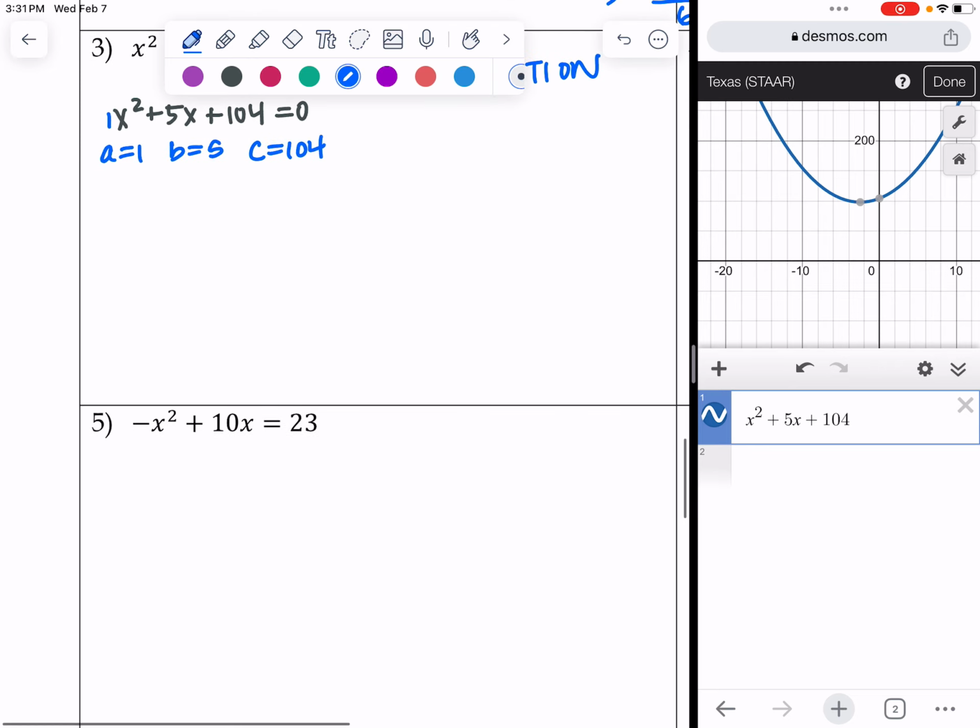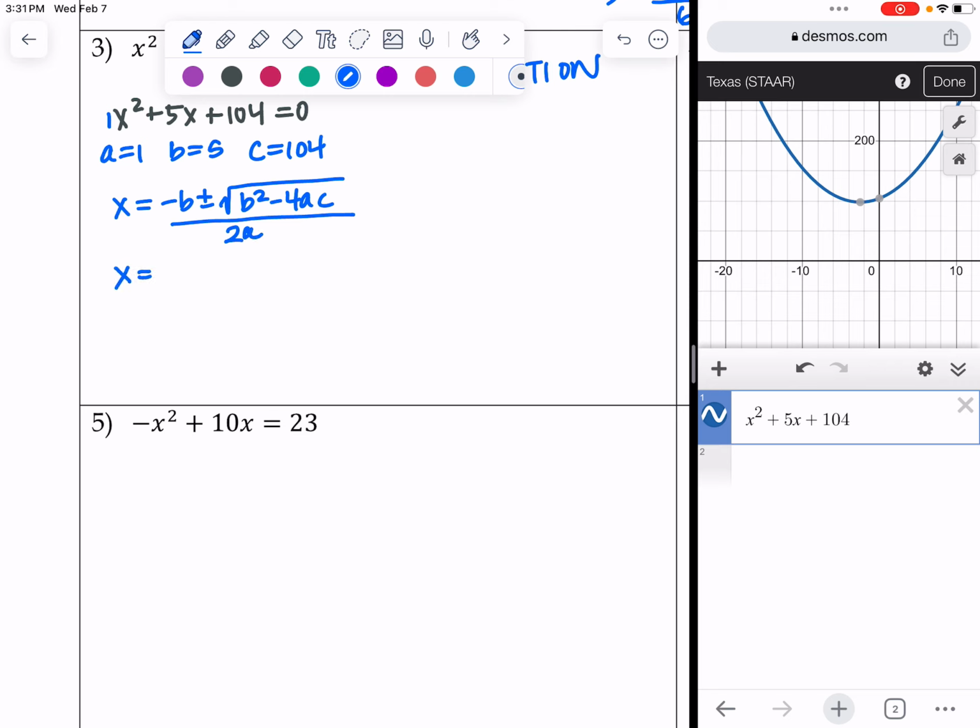All right, so x equals opposite b plus or minus the square root of b squared minus 4ac all over 2a.